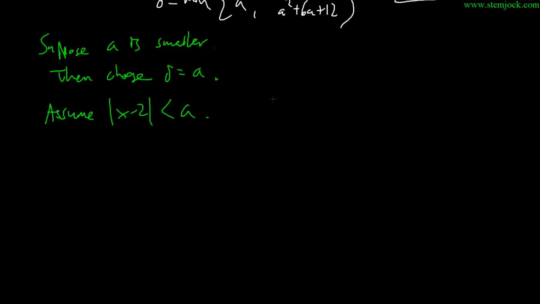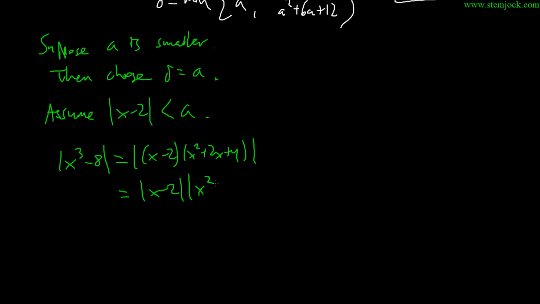We have the absolute value of x cubed minus 8. I'm going to factor this. So this is x minus 2 times x squared plus 2x plus 4. And I'm going to split up the absolute value sign now. So this is the absolute value of x minus 2 times the absolute value of x squared plus 2x plus 4.